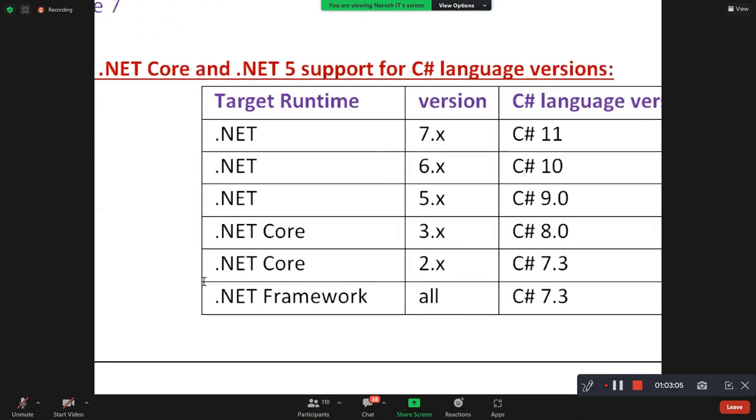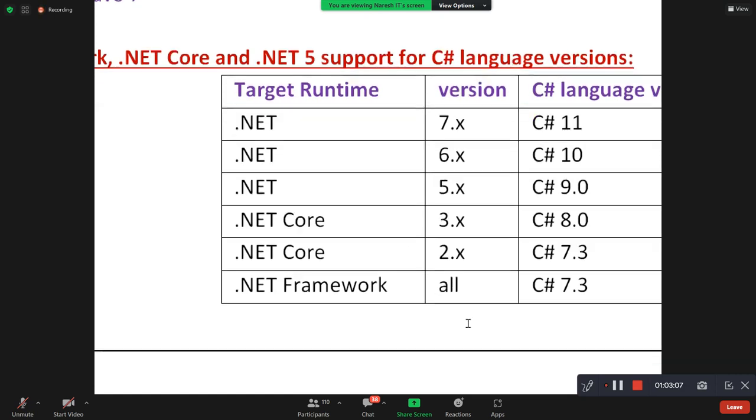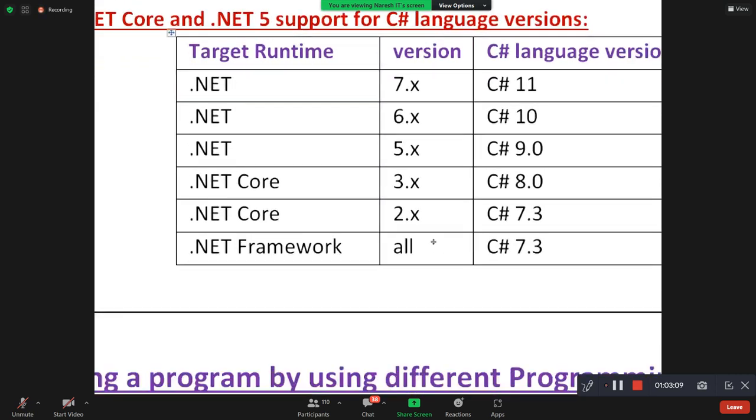If you are working with the .NET Framework, the last version that works is C# 7.3. If you're working with the .NET Core 2.x series, meaning 2.0, 2.1, then also 7.3. In .NET Core 3, C# 8 came.